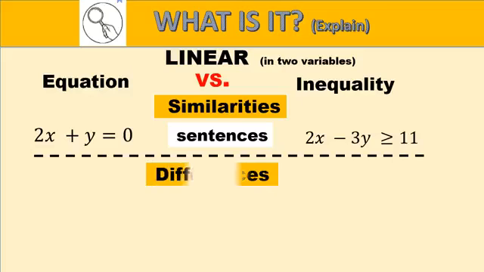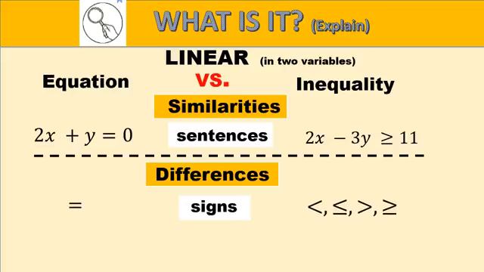Now let's move on to their differences. Again, look at the examples and spot their differences. Great idea! It is signs. So one of their differences is their signs. For linear equation, it uses an equal sign, while for the linear inequality, it uses 4 signs.